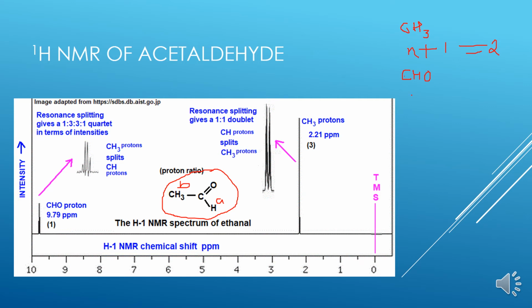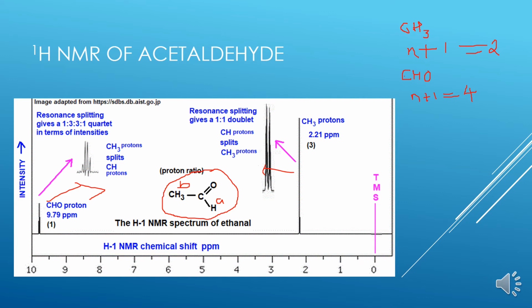Therefore the n plus 1 rule gives 3 plus 1, which gives rise to a quartet. So the CHO splits into 4 peaks, and the CH3 protons split into 2. Therefore, CH3 protons give a doublet, and the aldehydic proton splits into a quartet.